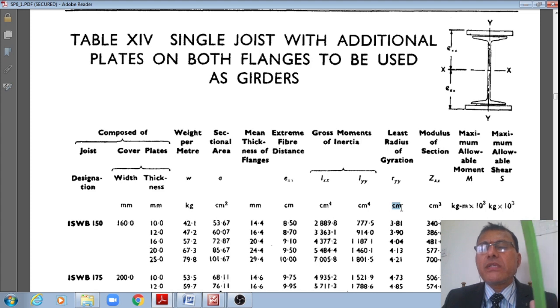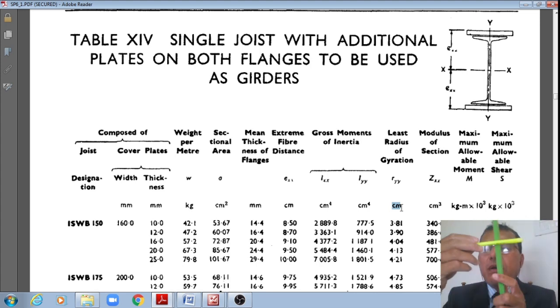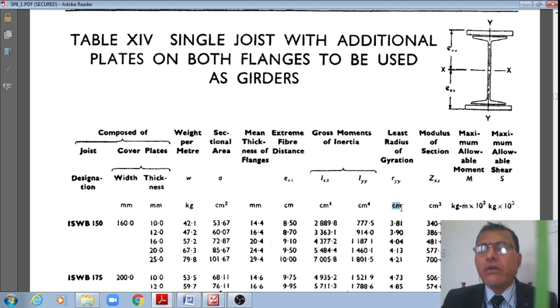And the section modulus about the strong axis, the major axis of bending, right, is equal to 340 centimeter cube or 340 into 10 to the power 3 mm cube, right?